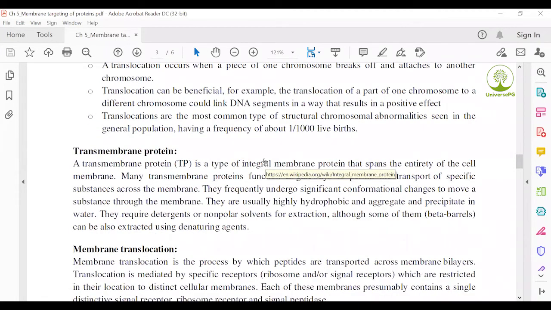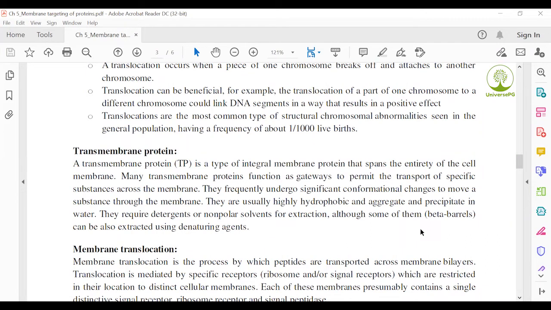Transmembrane protein. What is transmembrane protein? Transmembrane protein is a type of integral membrane protein that spans the entirety of the cell membrane. Many transmembrane proteins function as a gateway that permits the transport of specific substances across the membrane.